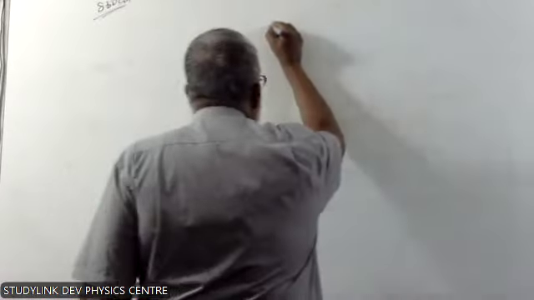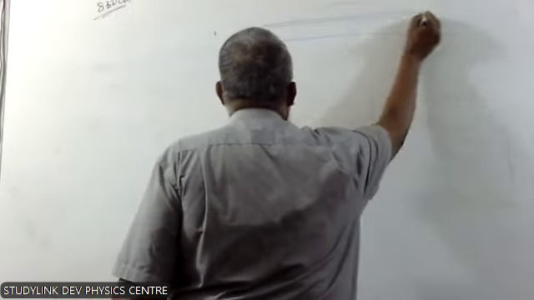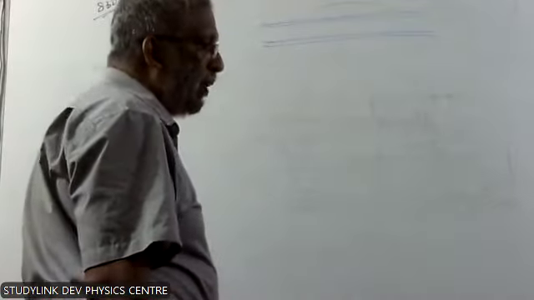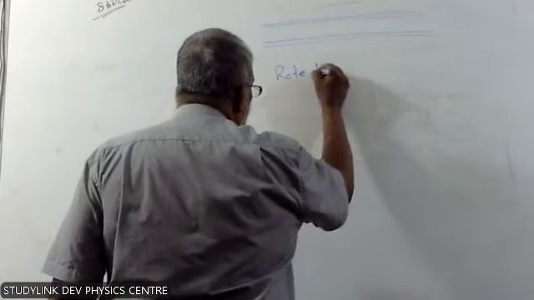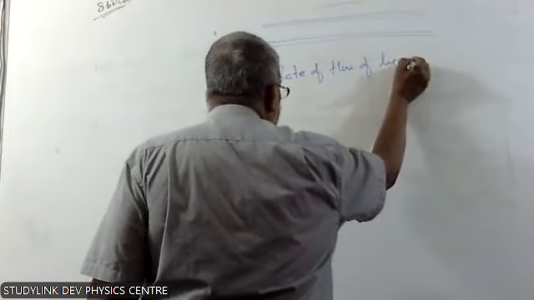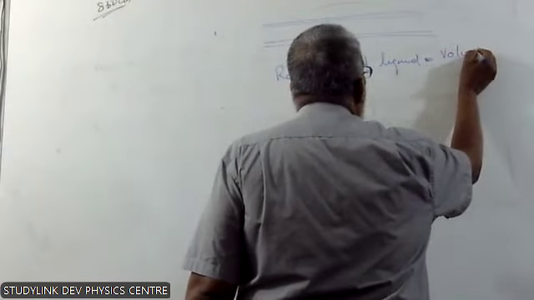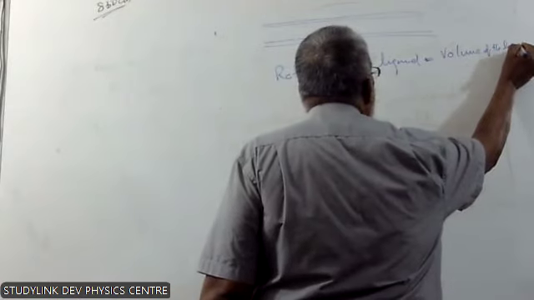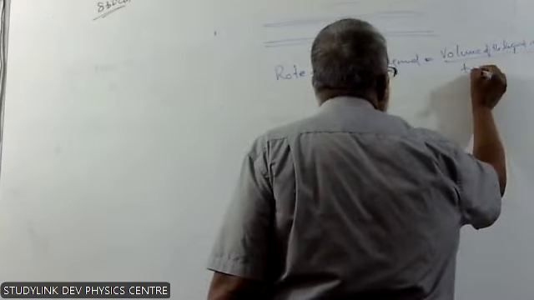When a liquid flows through a pipe of internal radius A, we want to know the rate of flow. Then the rate of flow of liquid is the volume of the liquid that flows divided by the time taken.